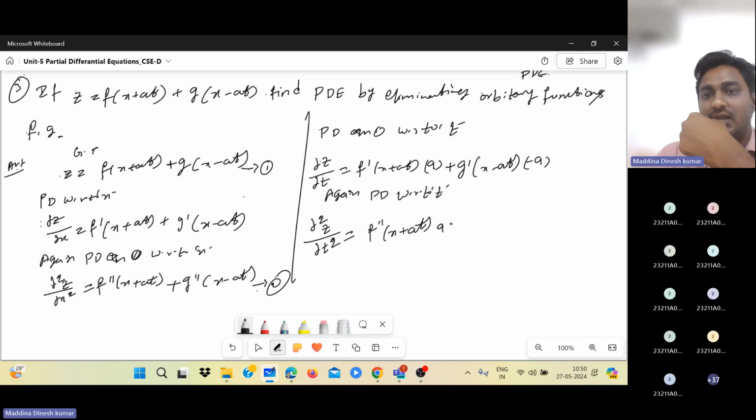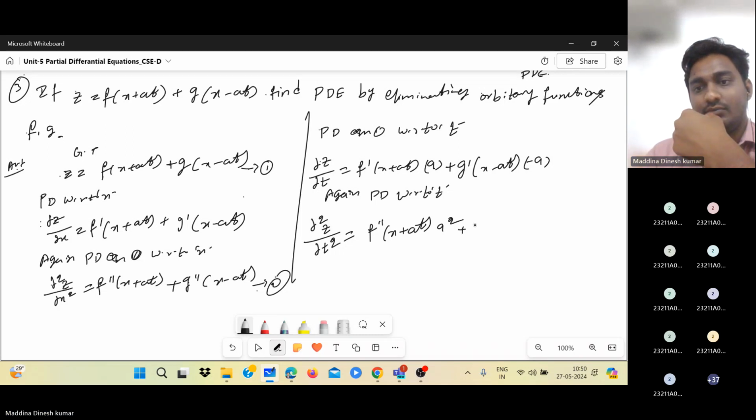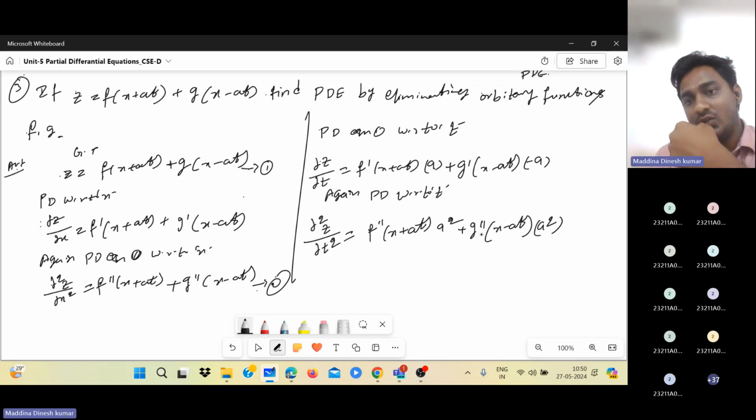Why a square? Here a is already there, so a into a is a square, plus g double dash of x minus at. Here minus a is already there, in this term more minus a will come, minus a into minus a is plus a square. So here a square you can take outside.